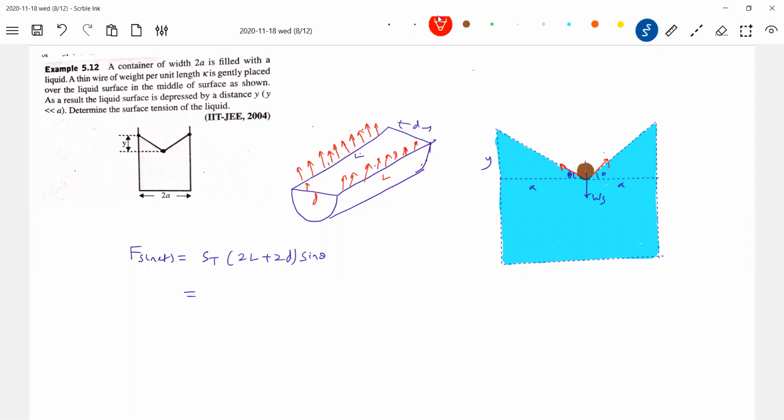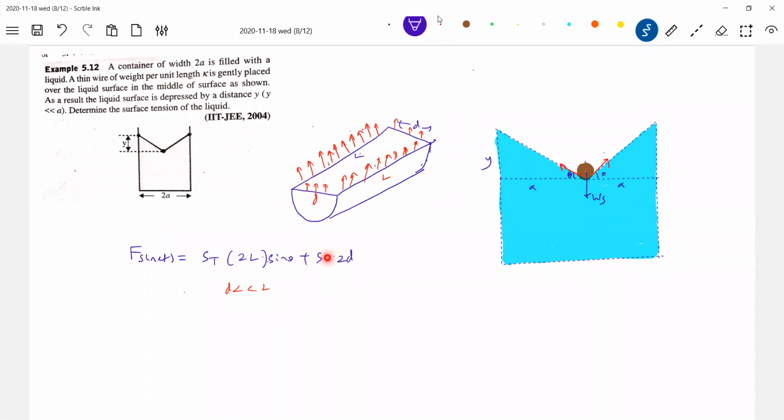vertically. Anyway, that will be negligible. You need not bother about that. L will be, D will be as it is. D will be very much less than L. It's a long wire. D will be very much less than L, so you can take out that quantity, or else some of you are objecting, I'll make some changes. This will be sine theta.